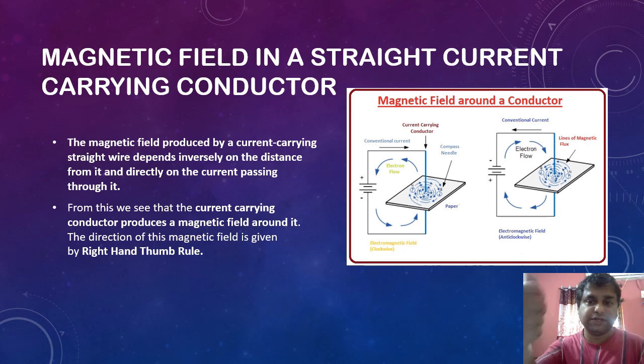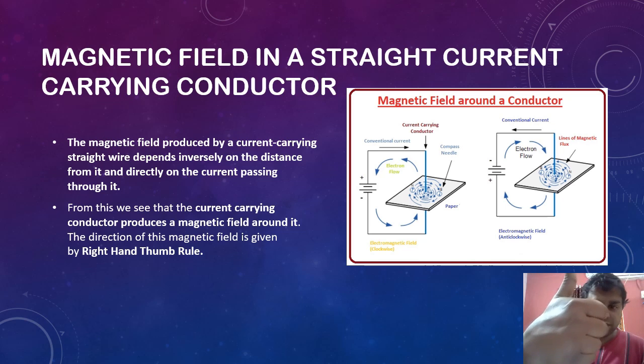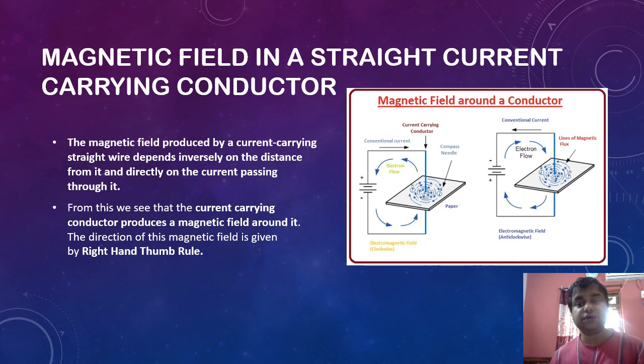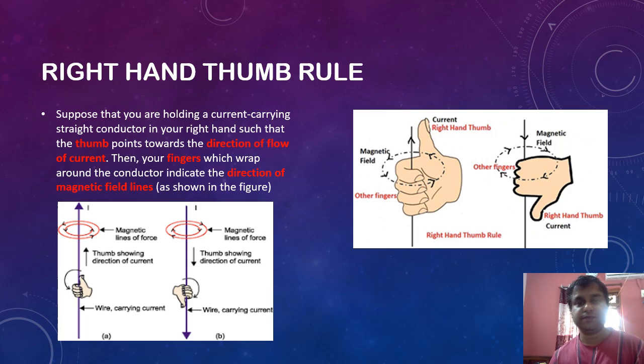Just clench your fist this way and keep the thumb free, and wherever the thumb points, that shows you the direction in which the current is flowing, and your fingers, which are now curved in, will show you in which direction the magnetic field is being produced.